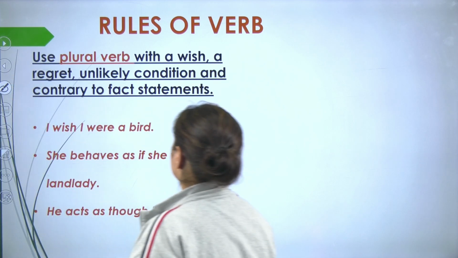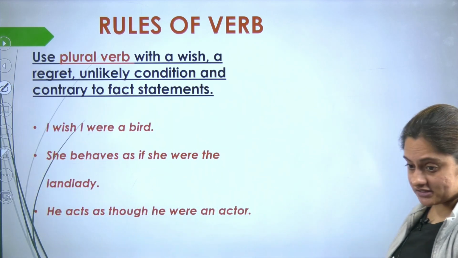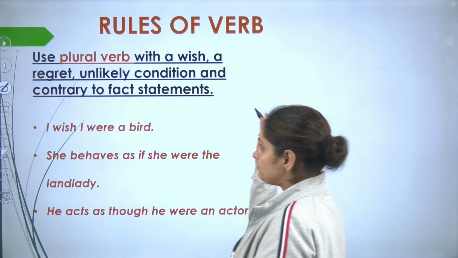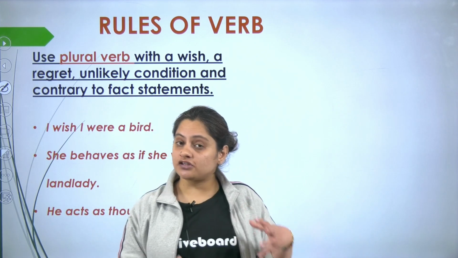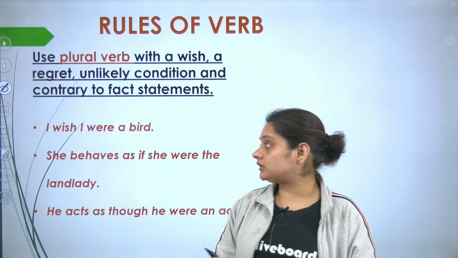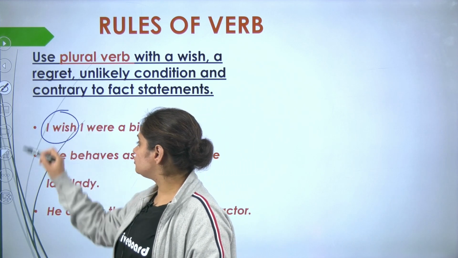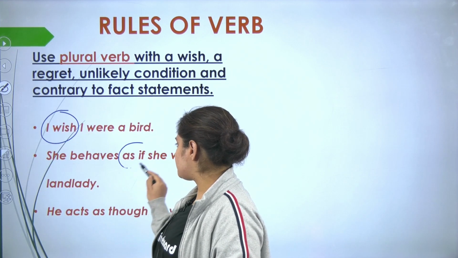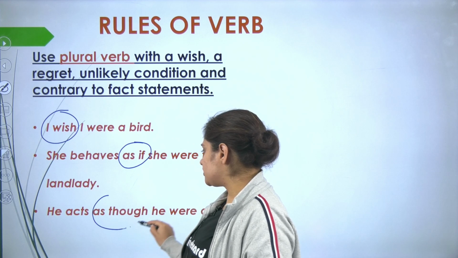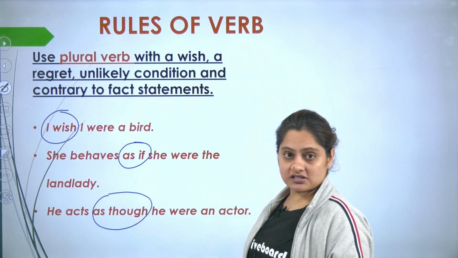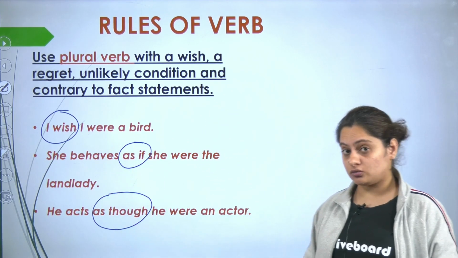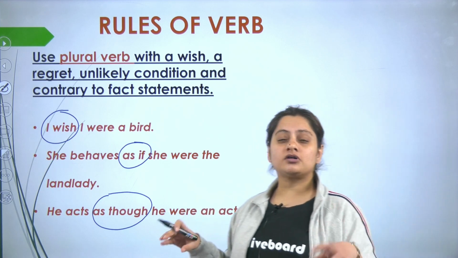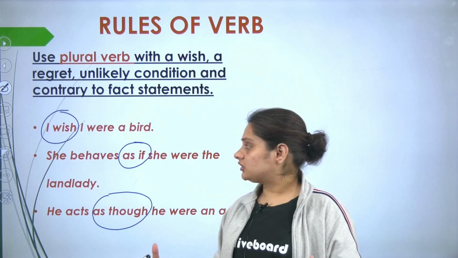Now, simple conditional sentences. Because these are not facts, they are something we wish, which is not real, unreal. "I wish" is used, "as if" is used, "as though" is used. With these words, I wish, as if, as though, because you are talking about an imaginary condition, right?